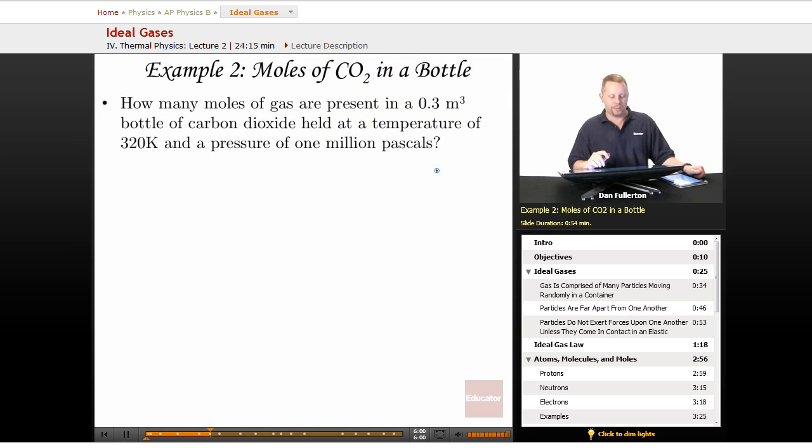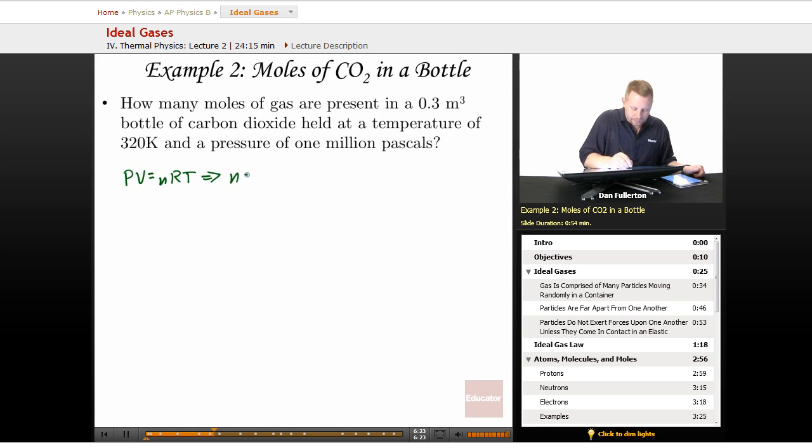Let's look at another example. Moles of carbon dioxide in a bottle. How many moles of gas are present in a 0.3 cubic meter bottle of carbon dioxide held at a temperature of 320 K and a pressure of 1 million pascals? We'll use our ideal gas law, PV equals nRT.